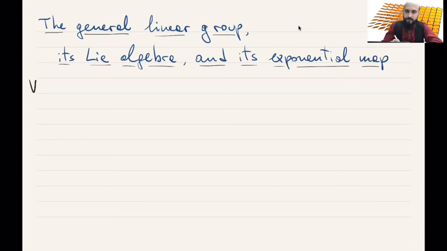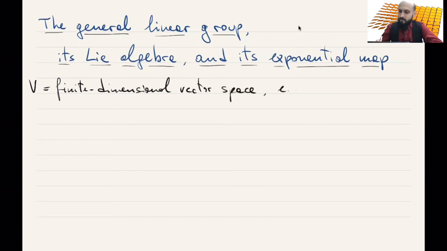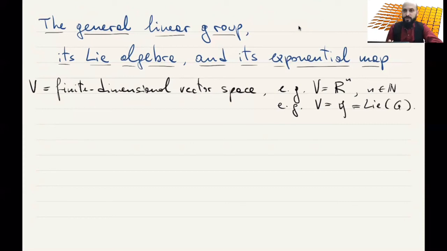One starts with V, a finite dimensional vector space. Of course one can think of V to be Rn for some natural n, but it is also very good to think of V as the Lie algebra of a Lie group, seen as a vector space.